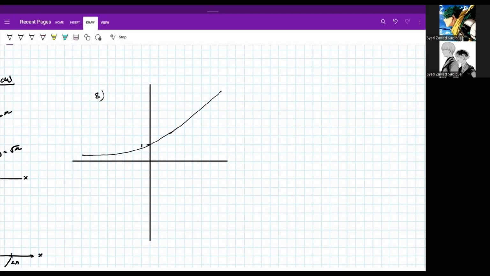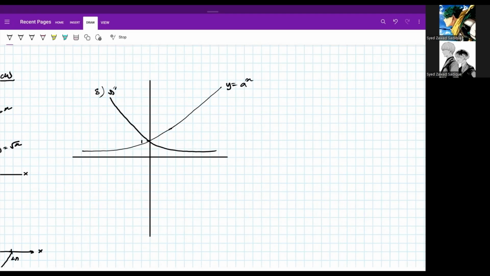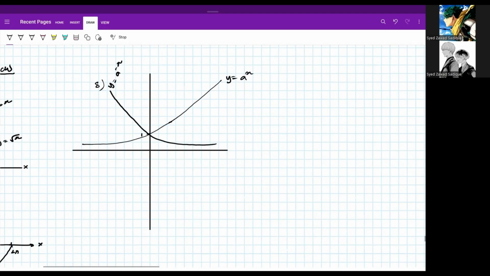This is Y is equals to e to the power X. Similarly, this is Y is equals to e to the power minus X. This is the exponential graph.